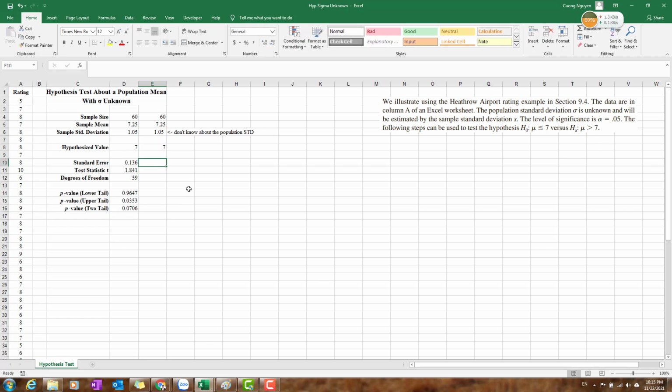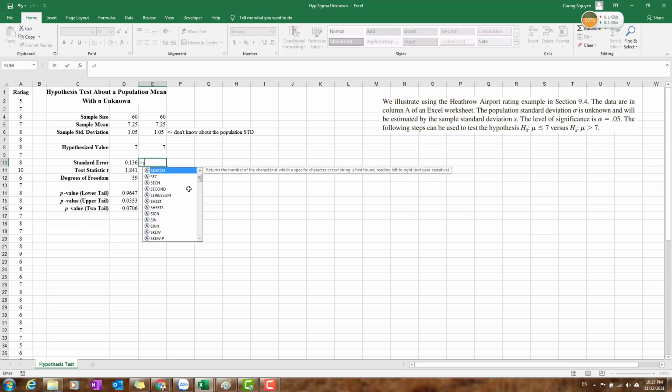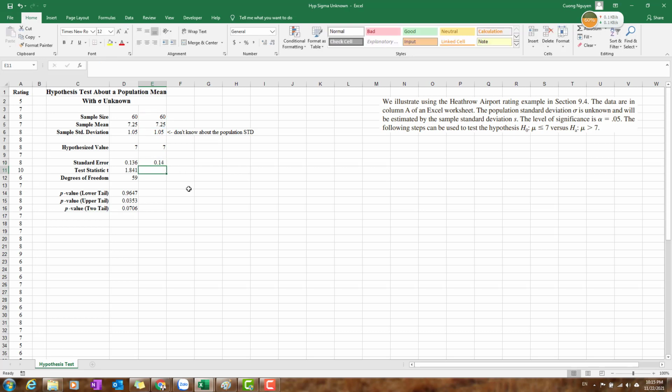Okay, so for the standard error, I do the same: the standard deviation divided by the square root of the sample size. You get the same number. And you can test it the same way. The t-statistic equals the sample mean minus the hypothesized value, divided by the standard error.